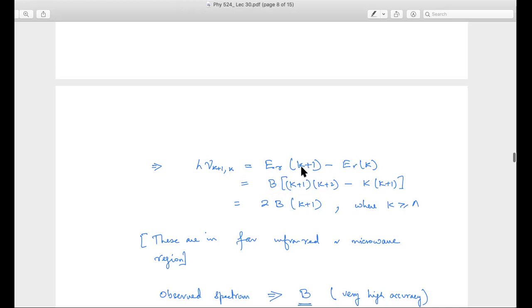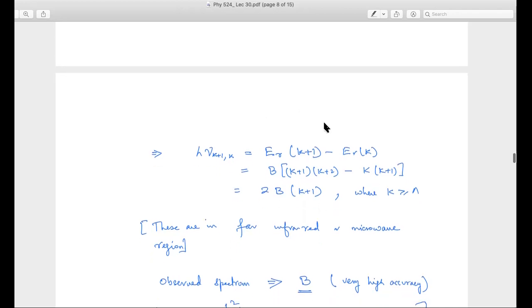Remember, E_R of k was b times k times k plus 1. So E_R of k plus 1 is b times k plus 1 times k plus 2, and E_R of k is b times k times k plus 1. I can take k plus 1 common, and I'm left with k plus 2 minus k, which gives me 2. So 2b times k plus 1.